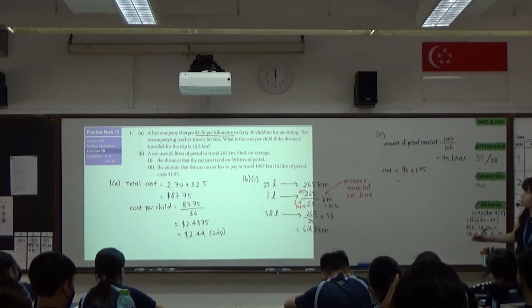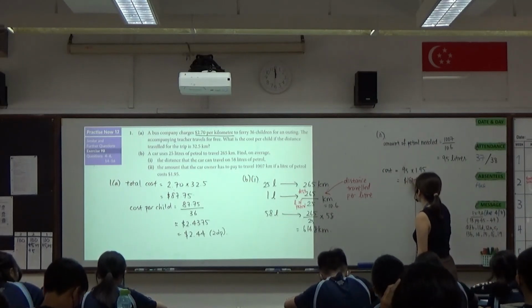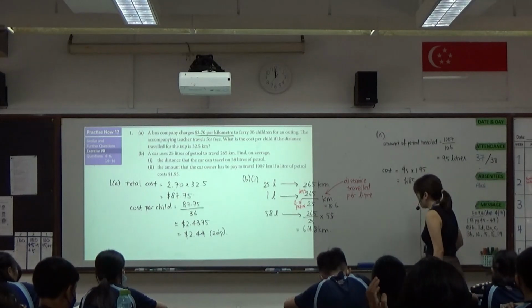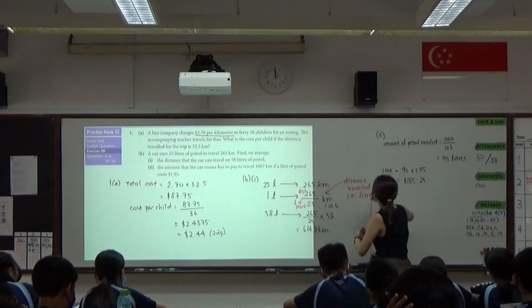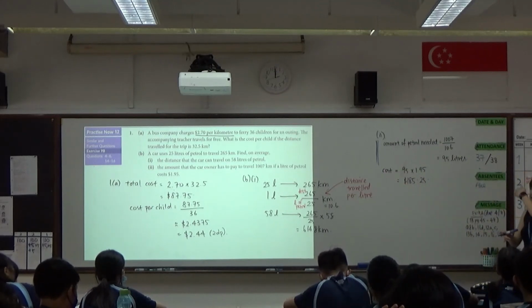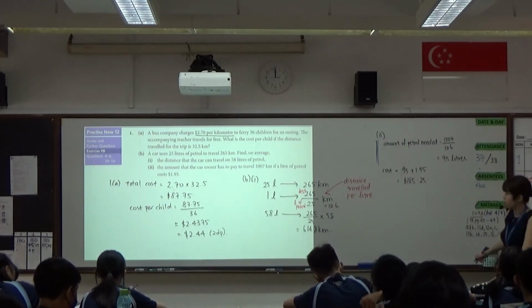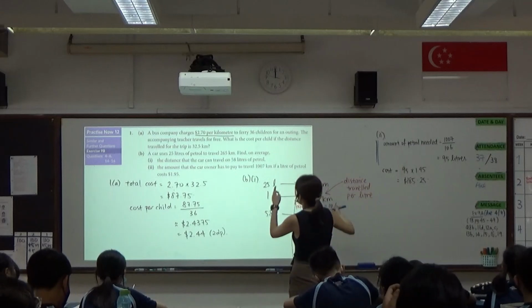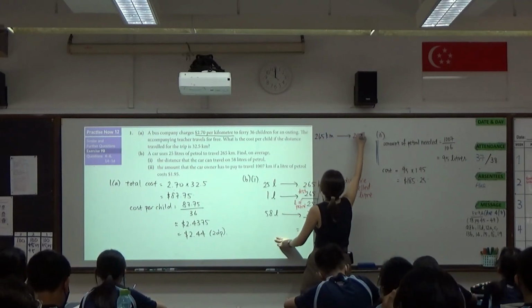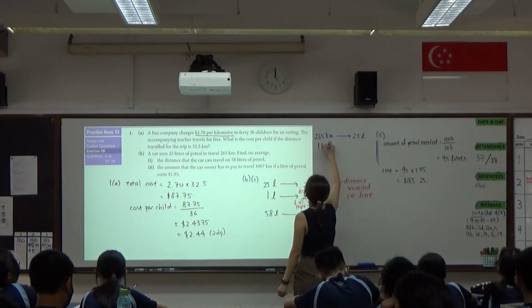Okay, there are a few ways that you can do to find out the amount of petrol needed. Alternatively, what you could also consider doing is that we know 265 kilometers need 25 liters, so you can do it proportionally as well.